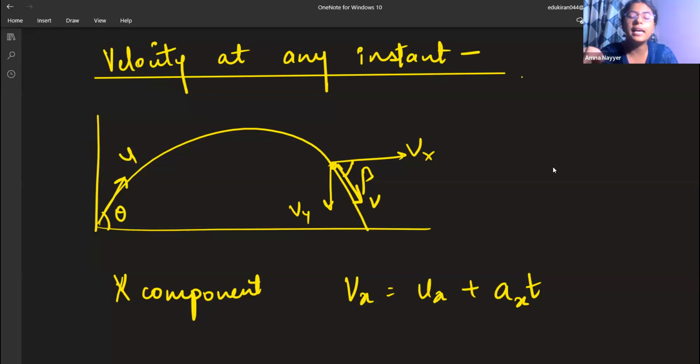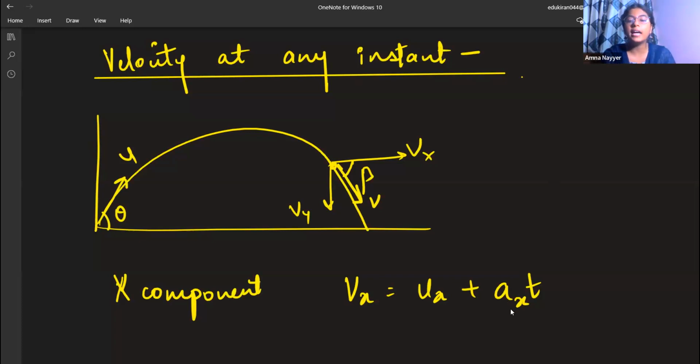Vx, Ux, Ax, and t out of this. Vx is equal to Ux plus Axt. Out of which, do you think anything can be 0? Remember, Ax. Ax, very good.